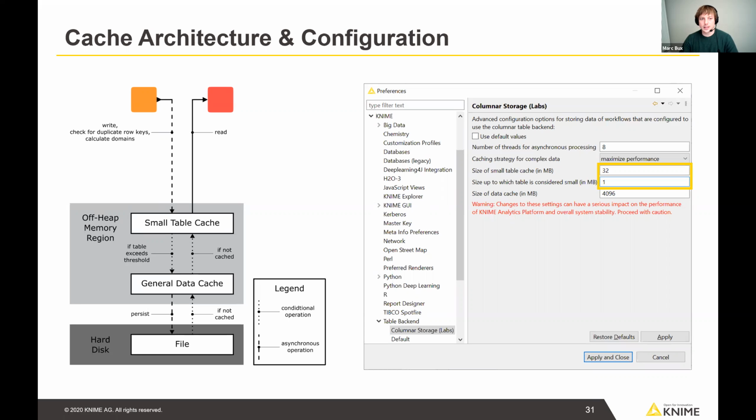Okay, so there's one last piece of the puzzle in this cache architecture and hierarchy, and it is about serialization. Remember, I talked earlier about how, when you place data in the off-heap memory region, you have to serialize it. So if you have complex data, you have to convert it, copy it into byte arrays. And this costs a little bit, obviously, and it also costs a little bit to deserialize them, to transform these byte arrays from the off-heap memory region to proper Java objects again.